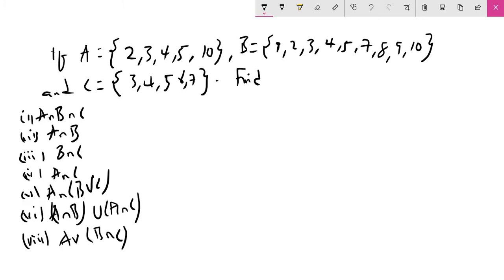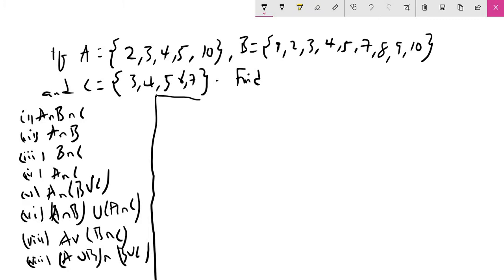B intersection C. And we have, I think, VIII. A union B intersection B union C. Okay, so let's do our solution somewhere here, freeing up some space along the way.